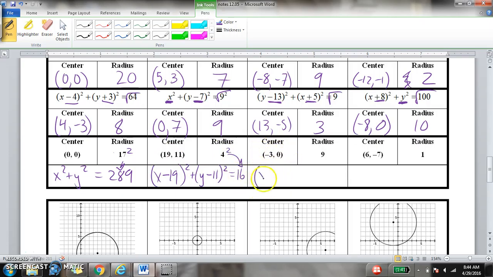Center -3, 0, so it means +3 first, and then nothing since it's 0, so it's just y squared, and then equals 9 squared, 81. Center is 6, -7, so x minus 6 squared plus y plus 7, because it's negative, equals 1 squared, which is 1.